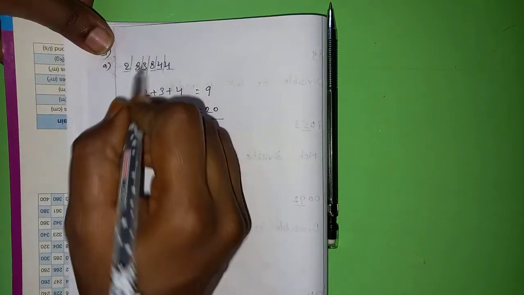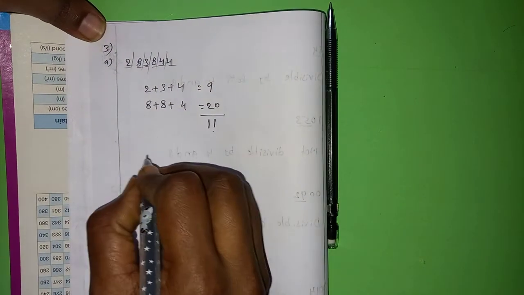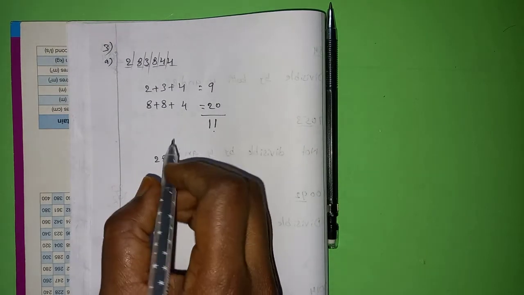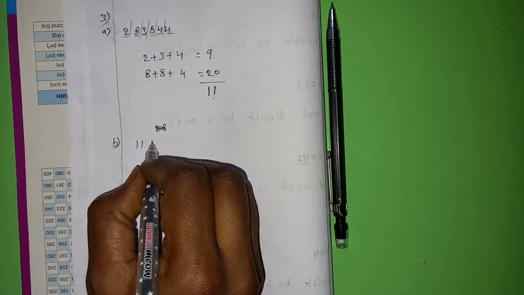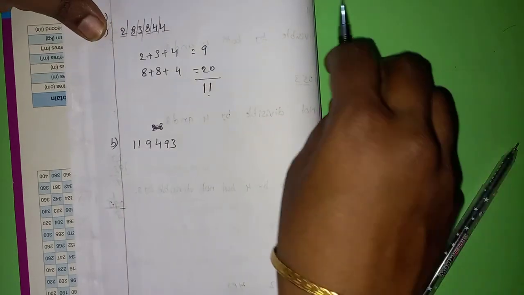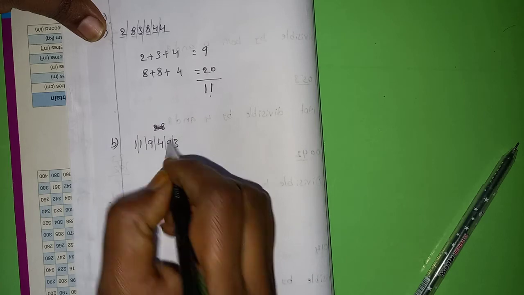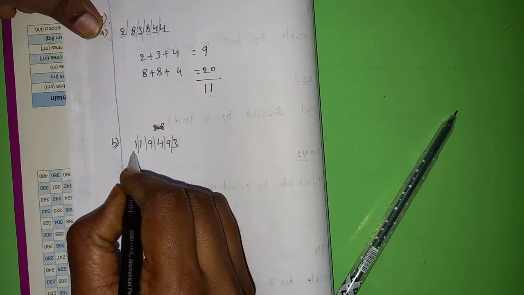So this number is also divisible by 11. You can check by yourself. Let me explain one more problem here. 119493. Let us segregate this number. First add the odd places.